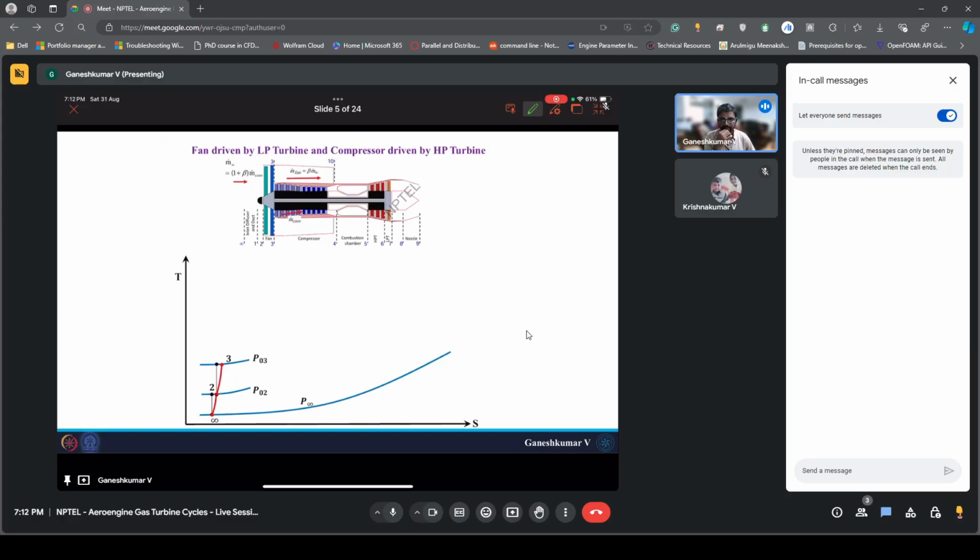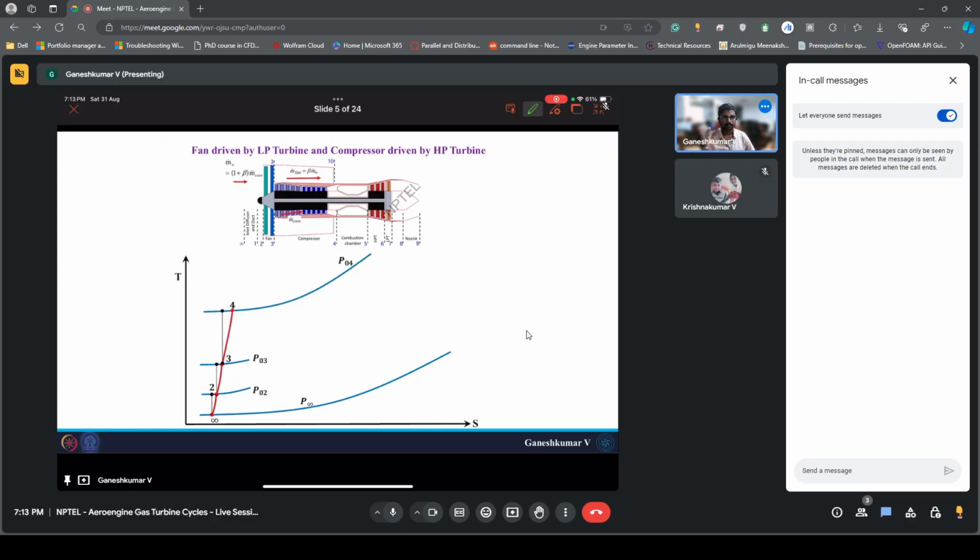From there two streams divide. One goes through the core section and one goes through the bypass section. The air which goes to the core stream will encounter the compressor. Now it is a single compressor, not a low pressure and high pressure compressor.